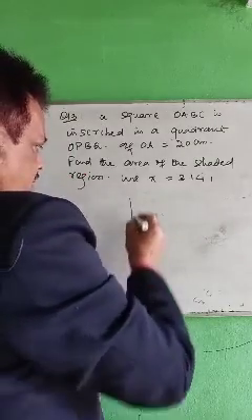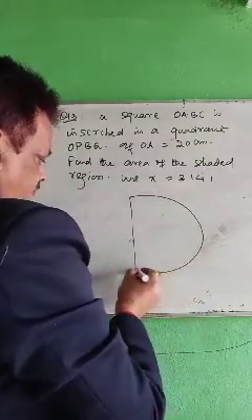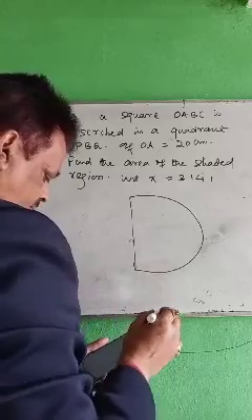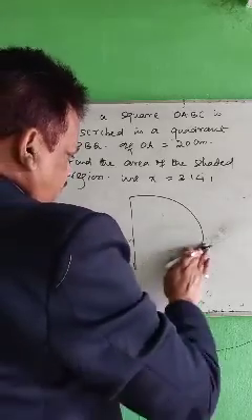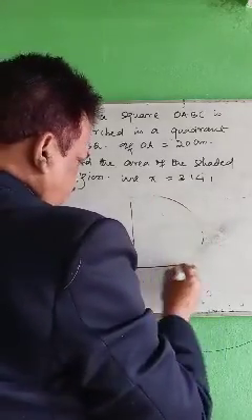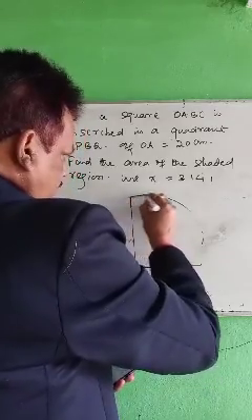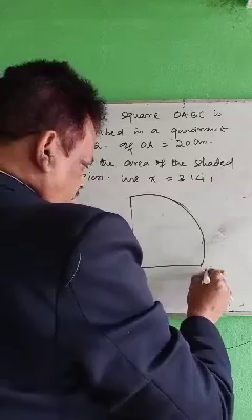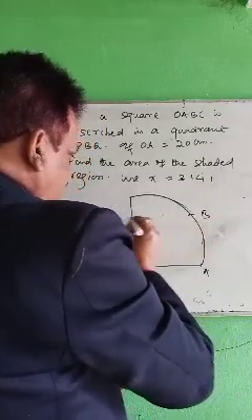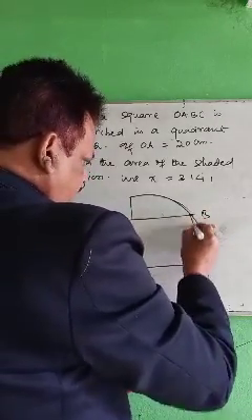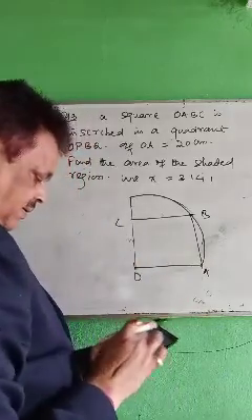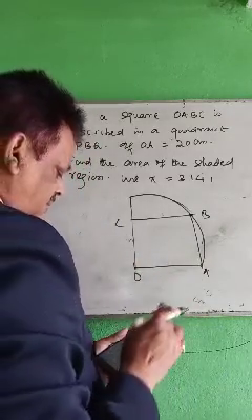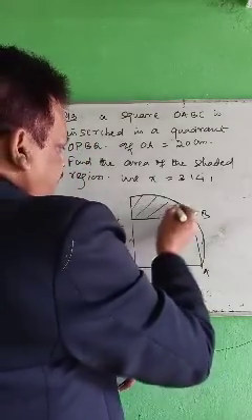There is a quadrant O, A, B, C. There is a square. You are asked to find the area of the shaded part, this one.